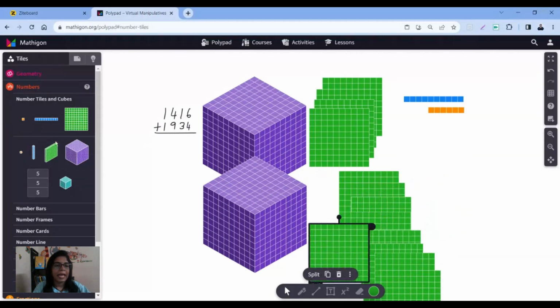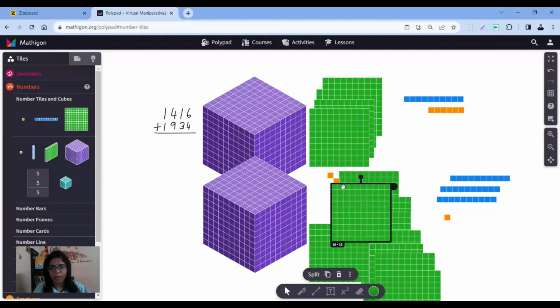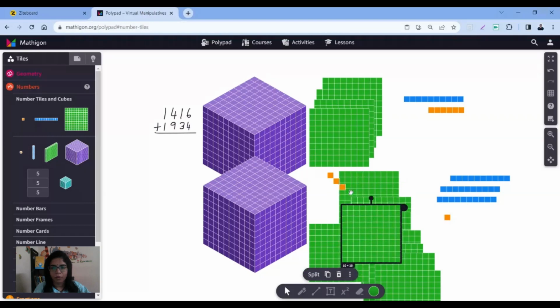And then 34. So 30 and let's take one more, 30 and 4. Okay, 34. So 30 and a 4.